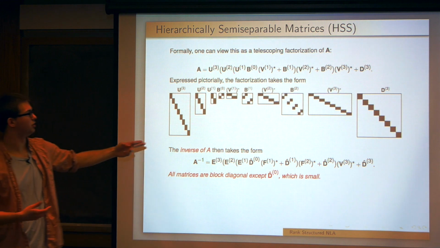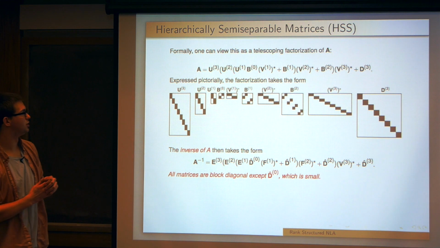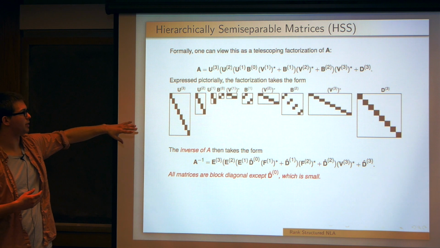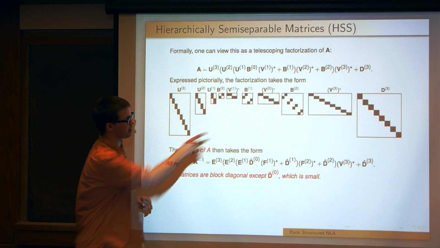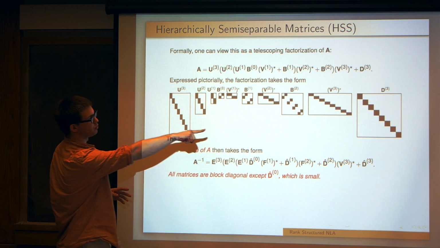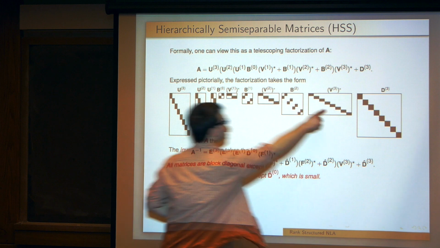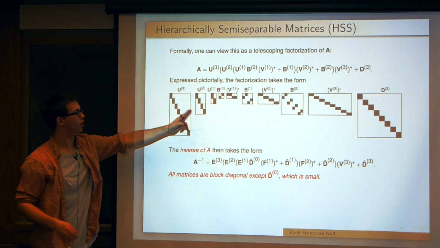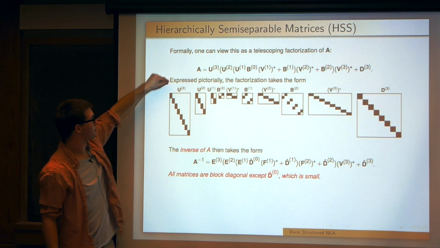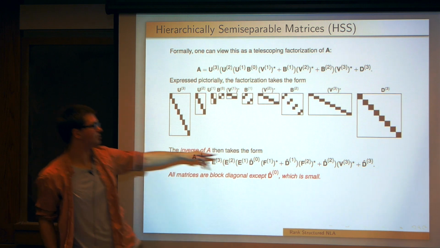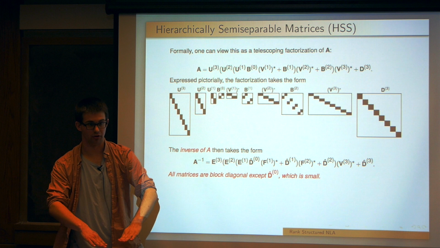And just visually, I think this is a good picture. I forgot the plus sign, I apologize for that. At the very end we have a block diagonal matrix, plus, there should be a plus sign right here, a product of all these matrices, where U3 is the row basis and V3 the column basis for our leaf level.